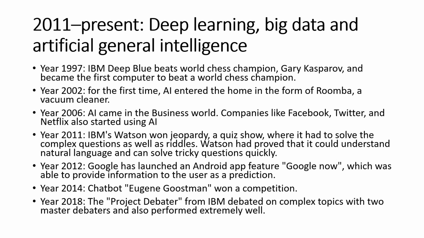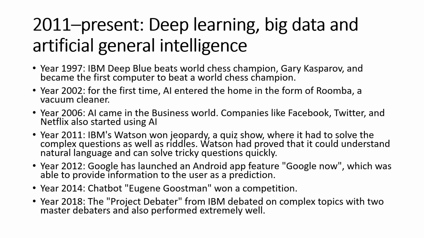And in the year 2011, IBM's Watson won Jeopardy, a quiz show where it had to solve complex questions as well as riddles. Watson proved that it could understand natural language and also solve tricky questions quickly.